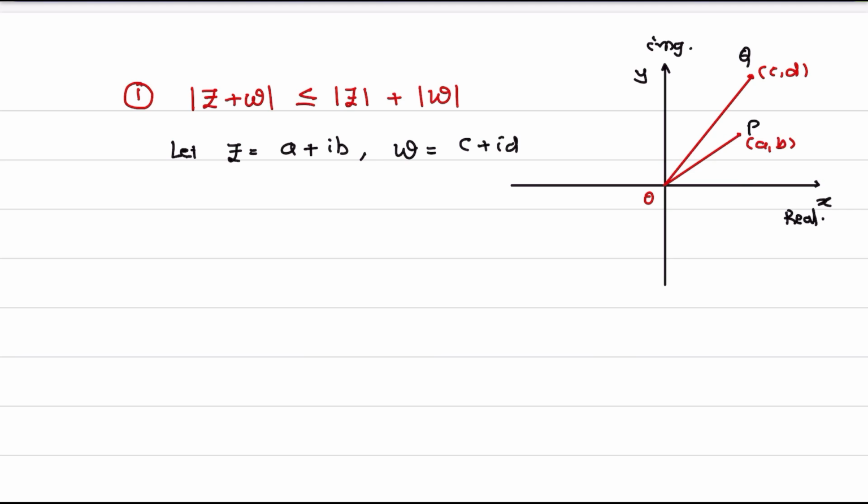And OQ is equal to C plus ID. This is the angle theta 1.